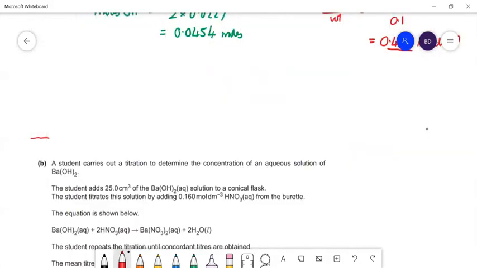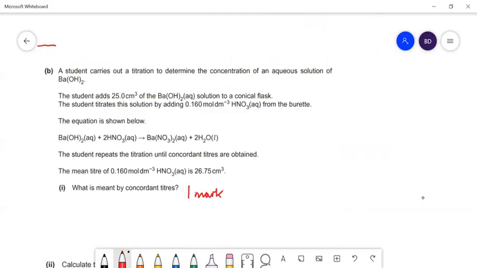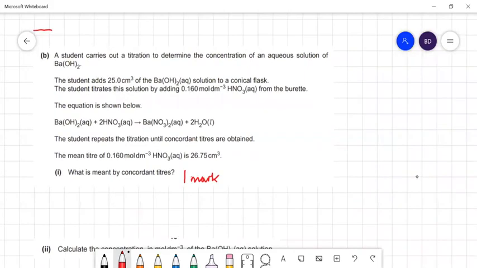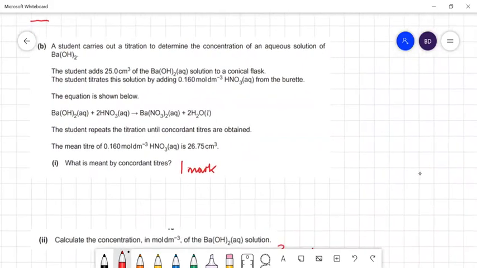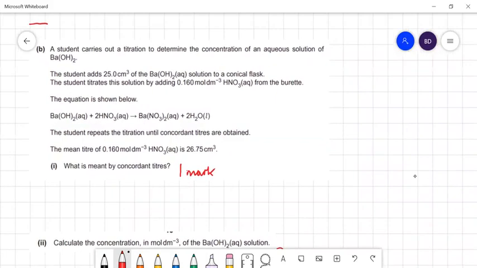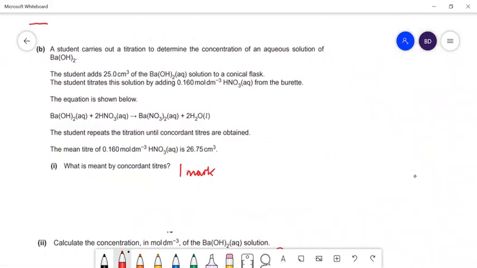Right, so a student carried out a titration to determine the concentration of an aqueous solution of barium hydroxide. Right, okay, so what we're going to do is let's draw a little picture. We're going to have a burette.